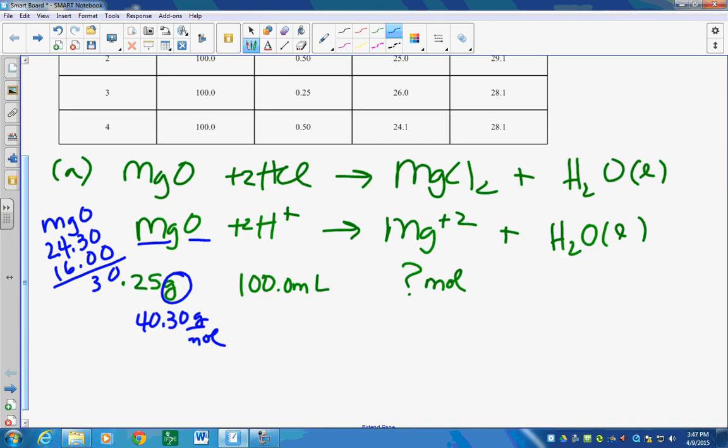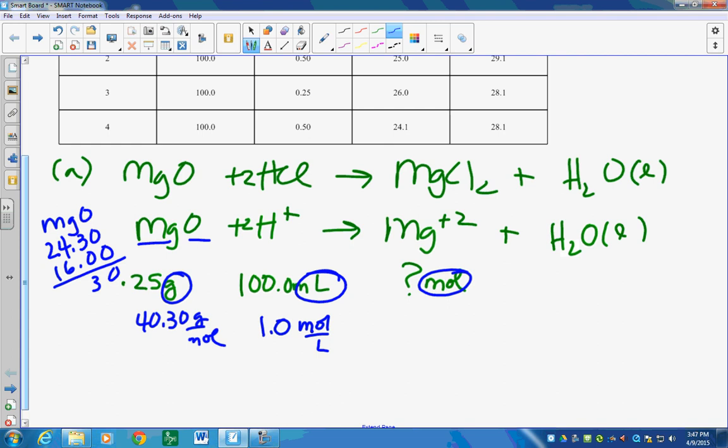Now this is interesting. This is milliliters. Molar mass doesn't cancel with liters. I need the molarity, and if you look at the table, they told you it was 1 molar, which means moles per liter. If you remember way back, this was the first trimester of your junior year, the most important concept of all of chemistry is the mole.